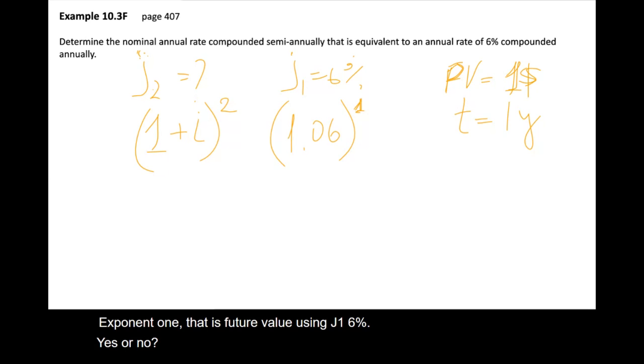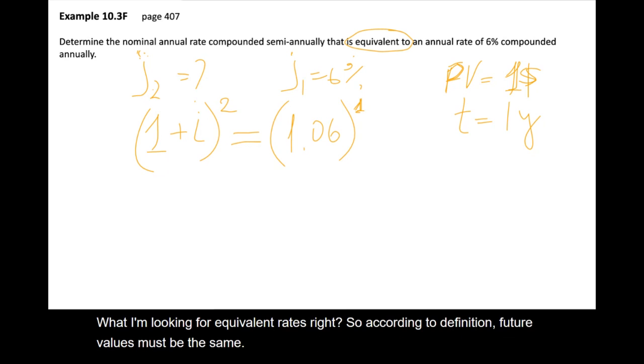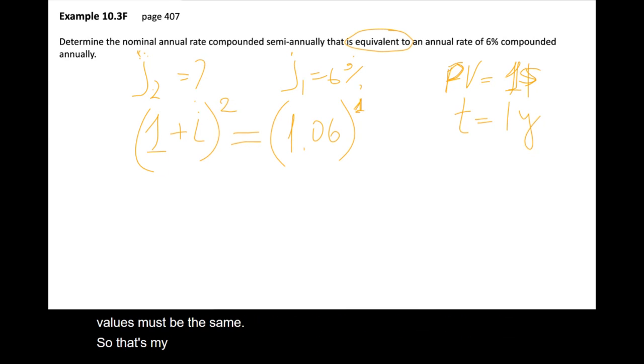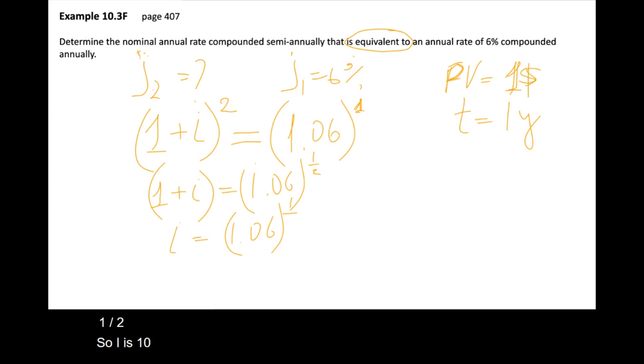Yes. So now the next step, what I'm looking for, equivalent rates, right? So according to the definition, future values must be the same. So that's my equation now. And now I work with exponents. One over 2. So i is 1.06 exponent 1 over 2 minus 1.